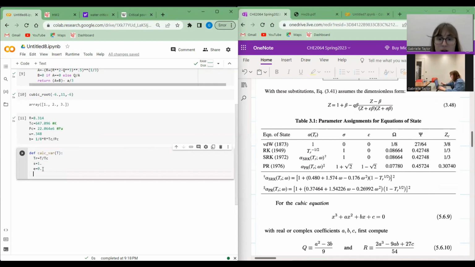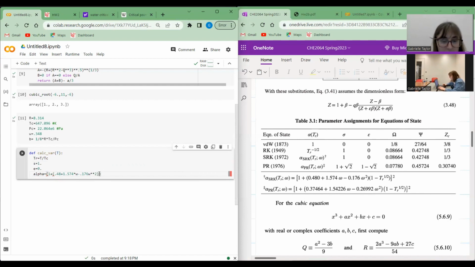And so then we're going to solve for alpha, because we need this to solve for our A. So our alpha equation is right here for our SRK equation. It's going to be 1 plus, in parentheses, 0.48 plus 1.54 times our omega minus 0.176 omega squared.